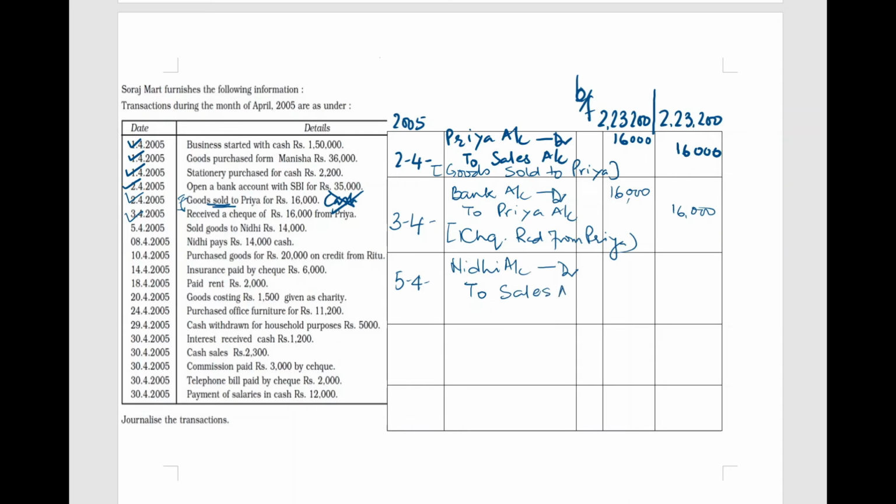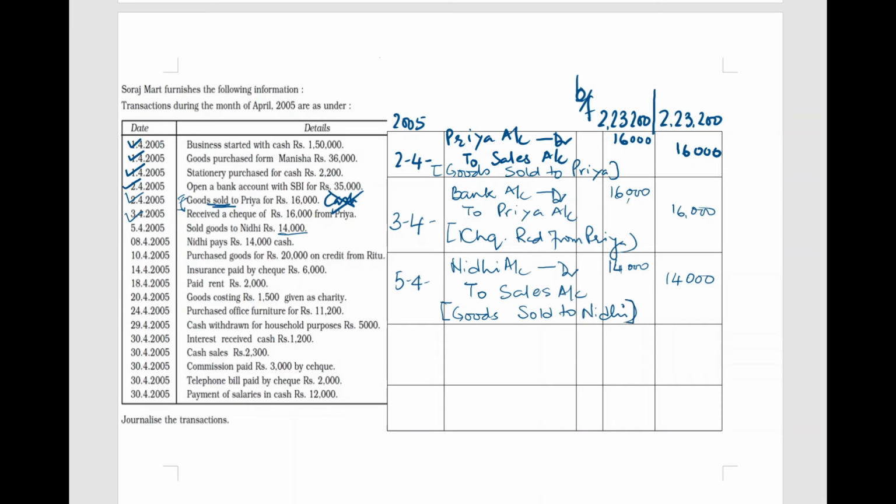The amount is 14,000 and 14,000. Narration, don't forget narration: goods sold to Nidhi.